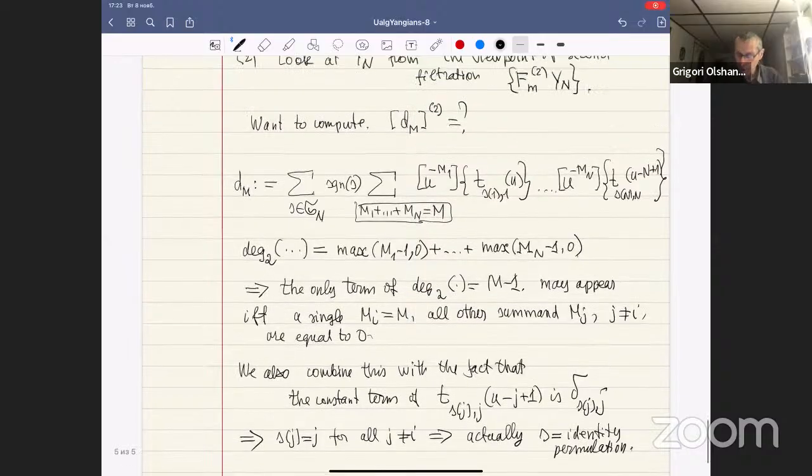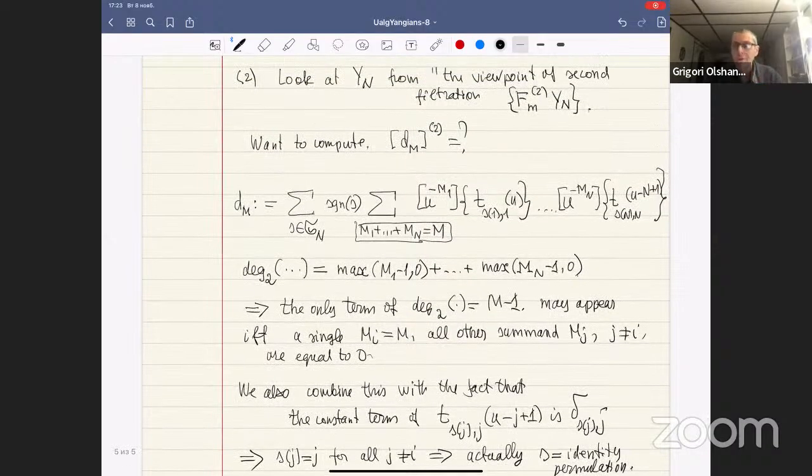So the claim is that in order to extract the highest degree term with respect to our second filtration, the only possibility is that first, only one of these numbers is equal to m and all other numbers are equal to 0. And next, the permutation should be trivial. And all other terms produce something of smaller degree with respect to the second filtration.